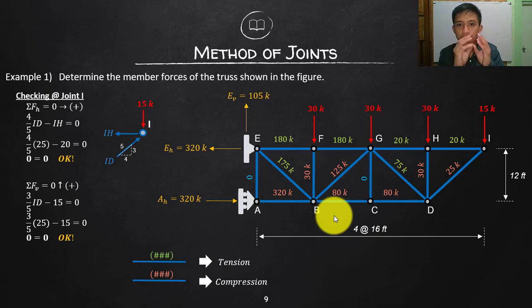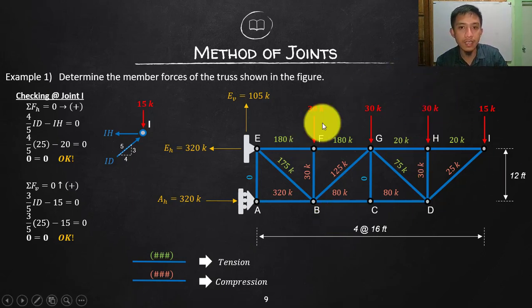Consider all the members connected and represent them by forces. If tension, the arrow is going away. If compression, the arrow is going towards the joint. Then summate horizontal and vertical, and you will solve whatever is unknown that is connected at that joint. Okay, so that is the flow of the analysis of a truss using method of joints.